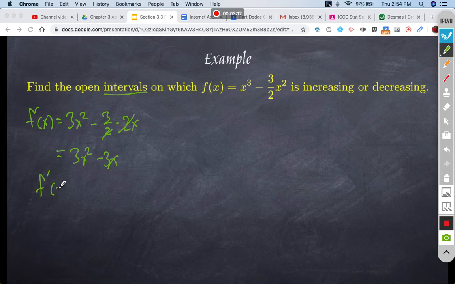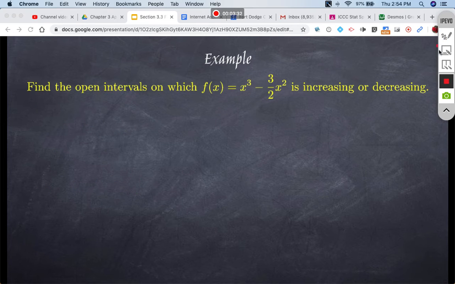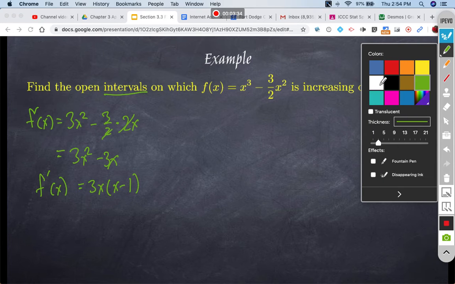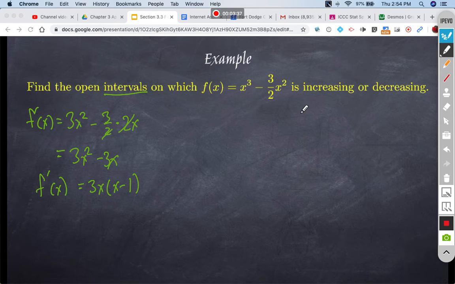Or, since I have a common factor, let's take it out. 3x times x minus 1. The reason I do this is we want intervals on which the first derivative is always the same sign. If we are looking at a function that is continuous and differentiable, the first derivative is also nice and continuous.